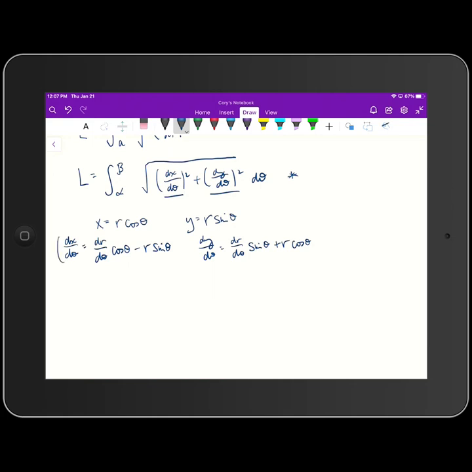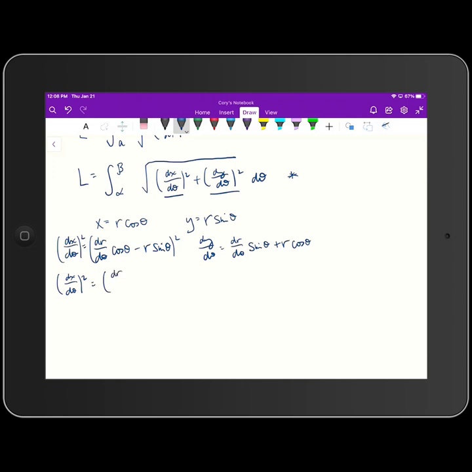Okay, so when I square both sides of this, we're going to expand this like we would a binomial. Okay, so dx d theta squared is going to be that first thing squared. So I'm going to square each of those factors.